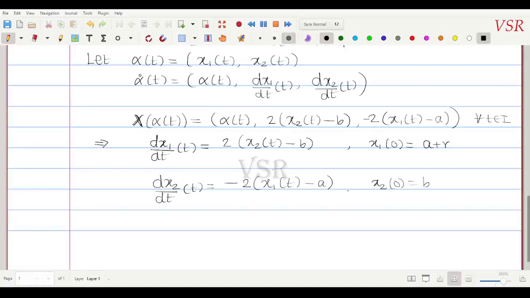So with this initial condition, this is a system of first order differential equations, a first order initial value problem. Now we need to solve it. What is the solution for this equation?